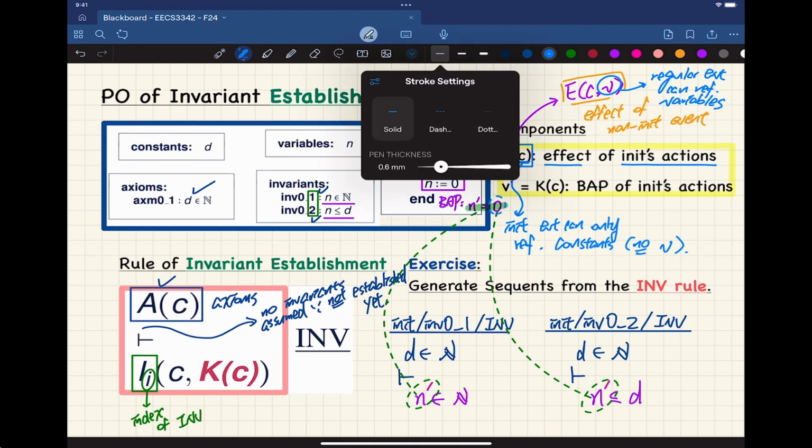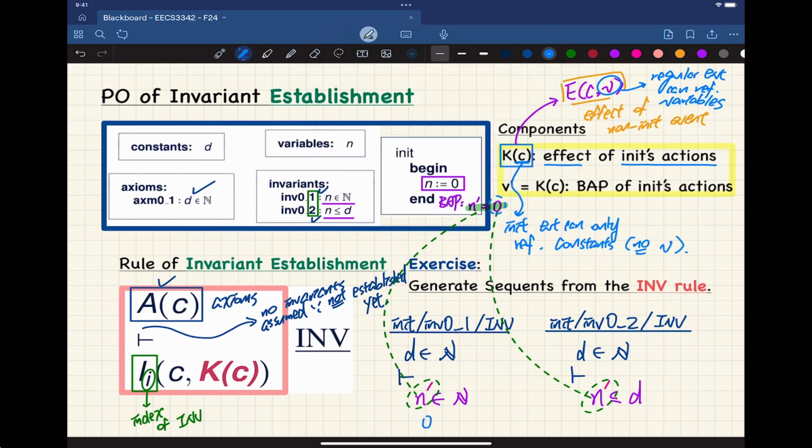So I'm going to put 0 is a member of natural number, and also 0 less than or equal to d. So the final answer would be something like this. This turnstile, this. This turnstile, this. And of course, you can see also the answer on the slides. All right, any question about this?